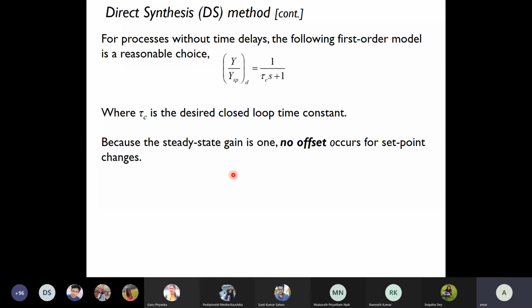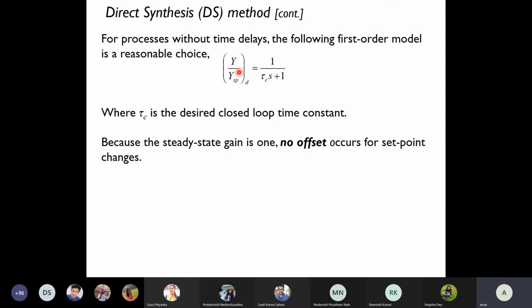Next is what should be the reference trajectory, or Y by YSP, the desired closed loop response. Let's say (Y by YSP)d is equal to 1 by tau C s plus 1. The gain should be 1 always, because otherwise there will be offset.